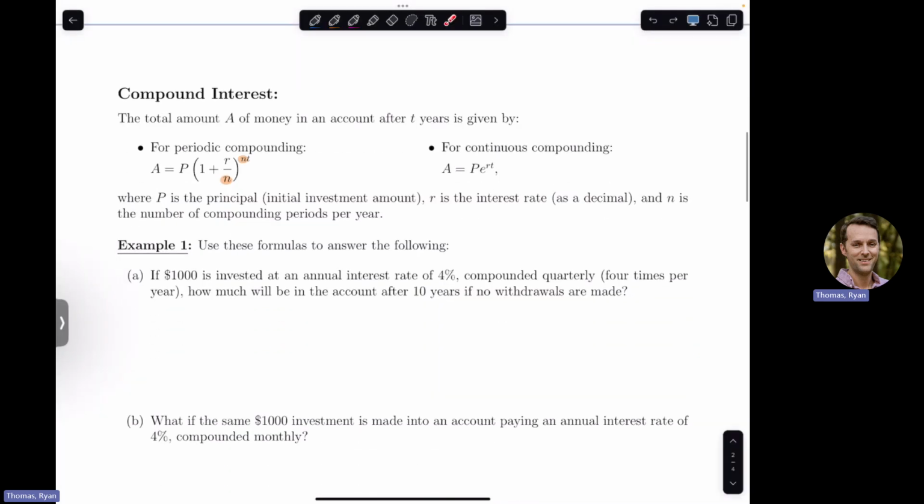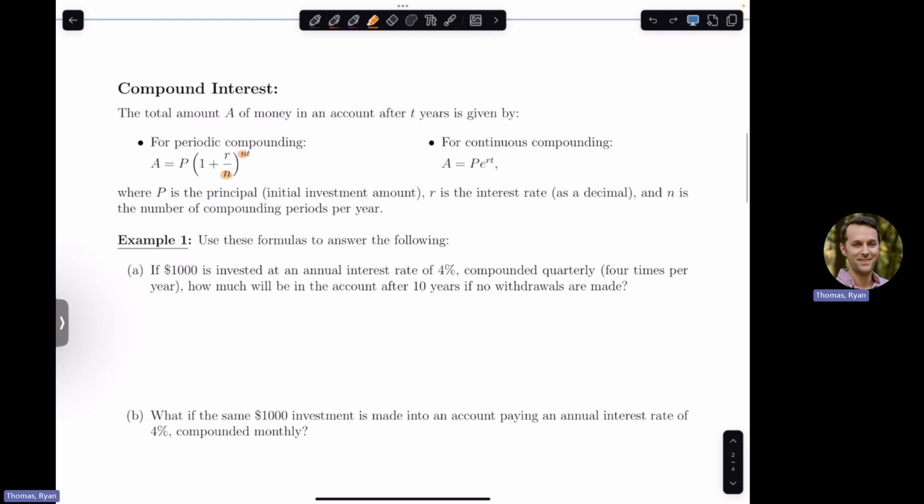All right, $1,000. What is that? That's P. At an interest rate of 4%, that means that R is 0.04. Compounded quarterly, so N is 4. How much will be in the account? So what are we looking for?